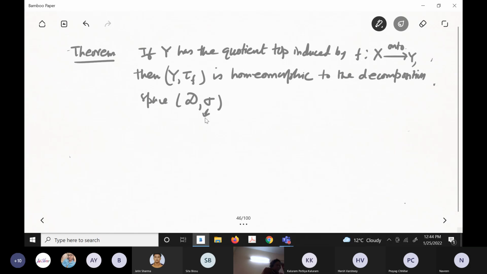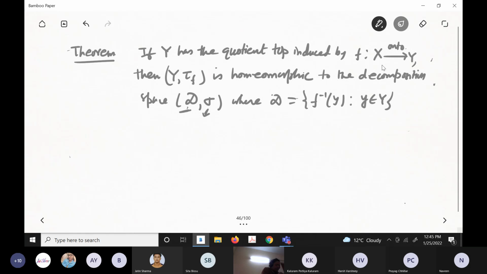The decomposition is D, but you should understand what the decomposition space is that I am talking about. Its elements are these elements, where T is equal to F inverse of y.